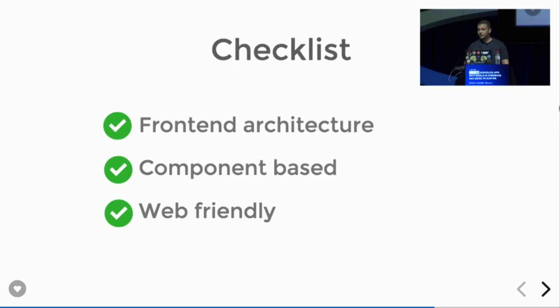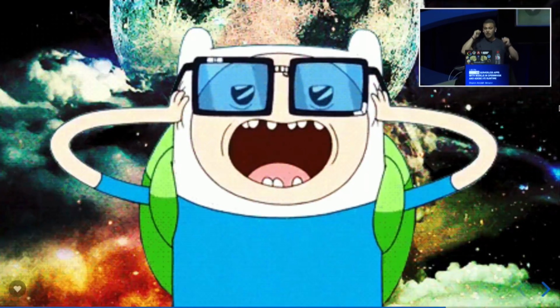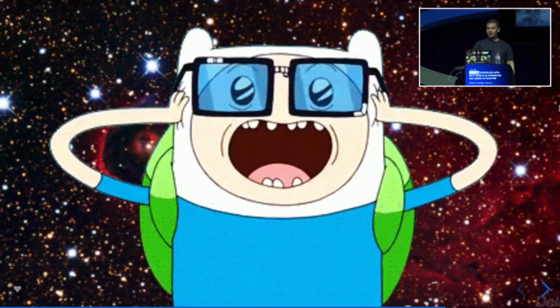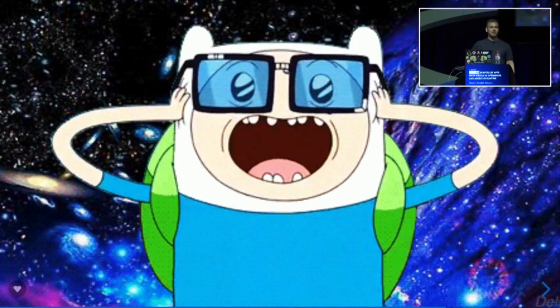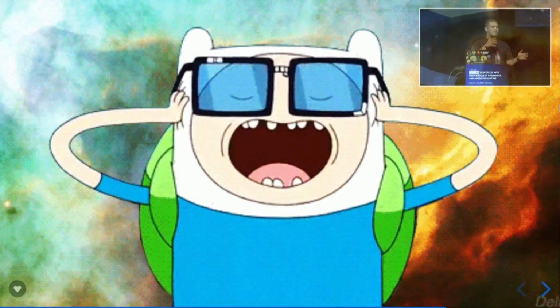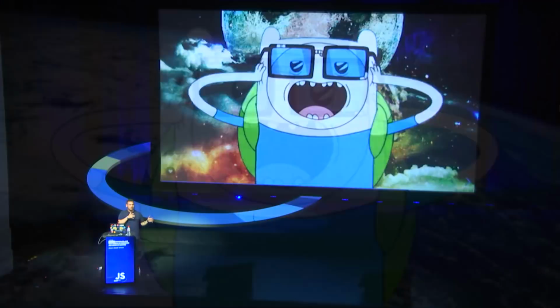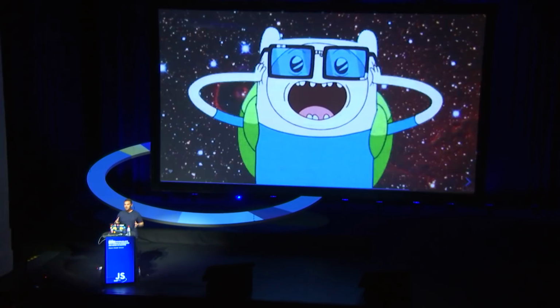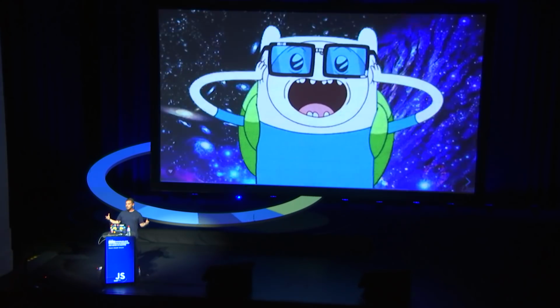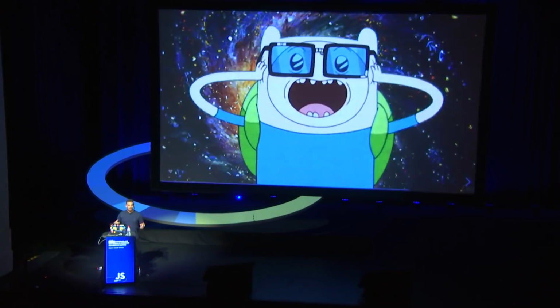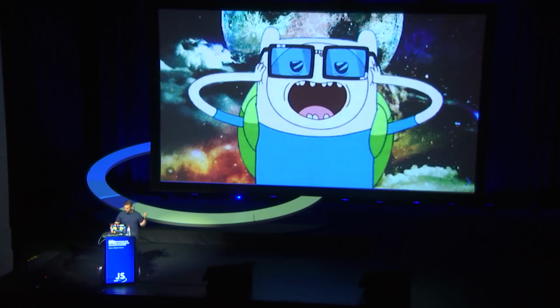It's web-friendly, so every developer has the whole knowledge and can use all the power of the web platform. It's mind-blowing. We're talking about an application that we had 10 years ago, and now we're talking about a brand new architecture. It was validated. We had all the steps. It's in production.